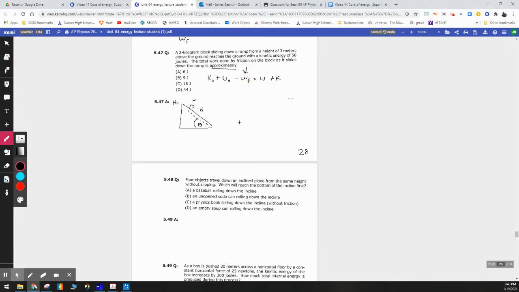Okay, so sliding down a ramp with 3 meters and reaches the ground with a kinetic energy of 50 joules. So down here, there is a final kinetic energy, right? It's given to us as final kinetic energy is 50 joules.